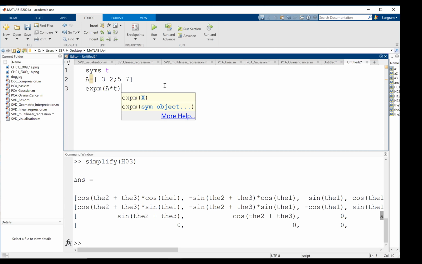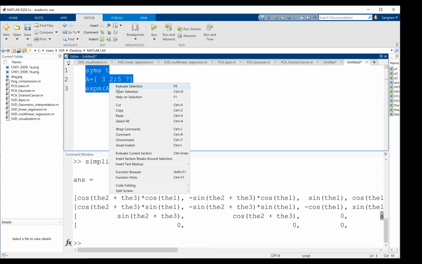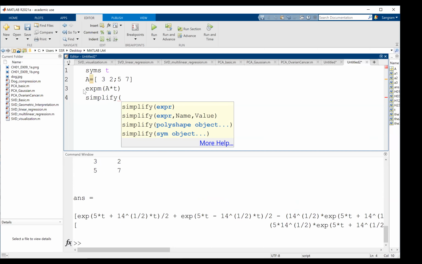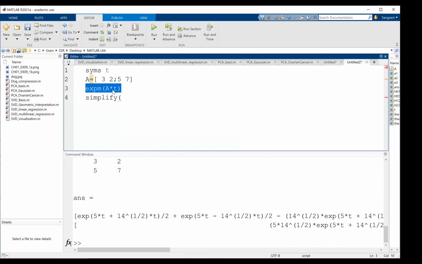Once you do this, you get a super complex equation, which you can simplify. And then you'll get a very short, nice expression.